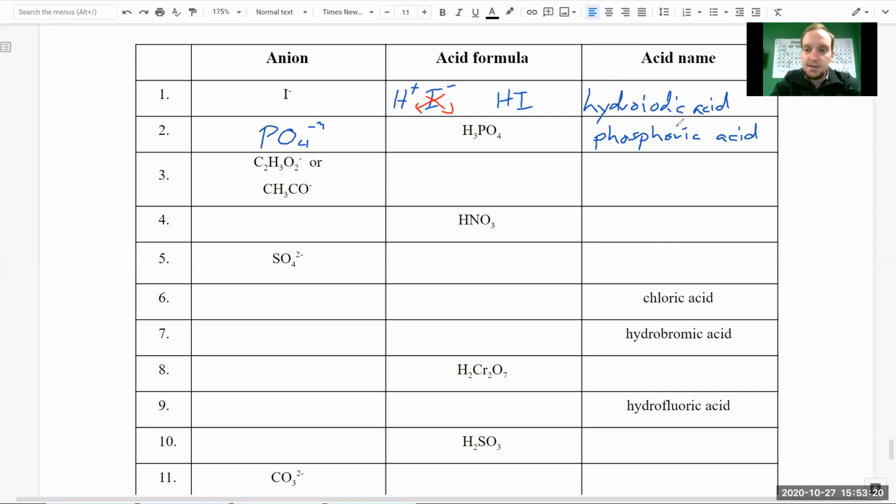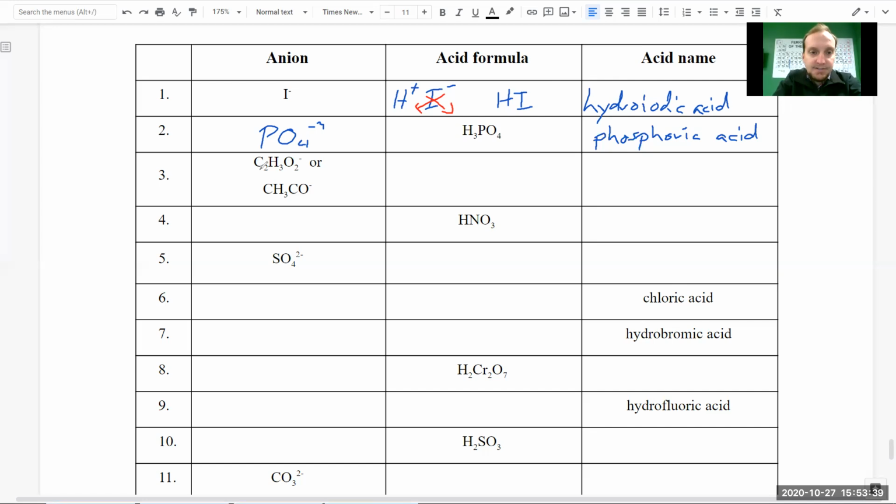It's phosphoric acid, not hydro. Again, you're only going to have hydro-something acid when it's just 2 elements only, okay? If you have a whole bunch of elements like this, then that is not going to be hydro anything. It's just going to be something-ic or -ous acid.